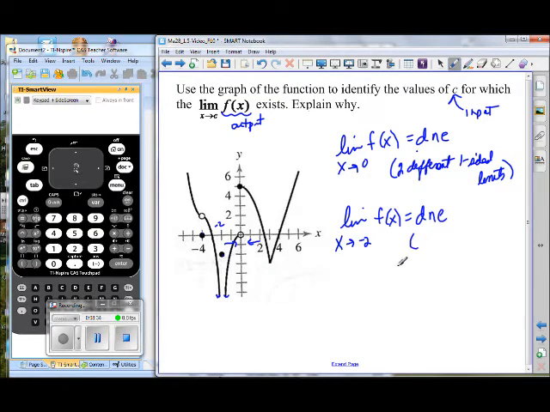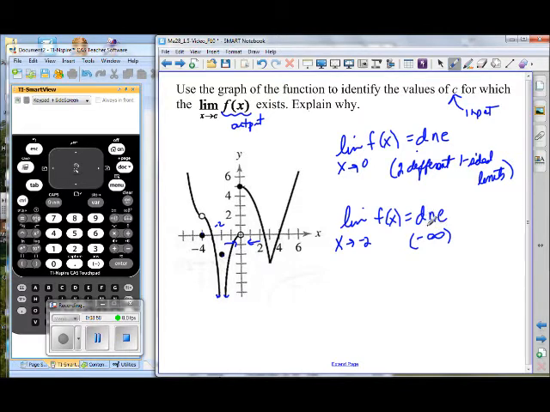And now I want to know why. And the reason is that the output values are going to -infinity. Now there's a little bit of a disagreement between me and the author of our textbook. Because the author of the textbook, you might find that their answer says the limit as x approaches -2 equals -infinity.